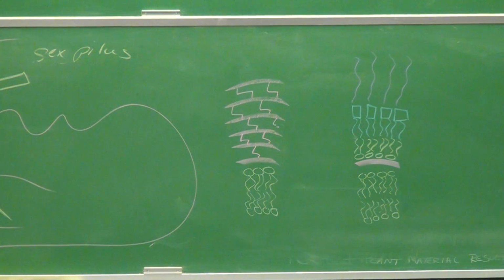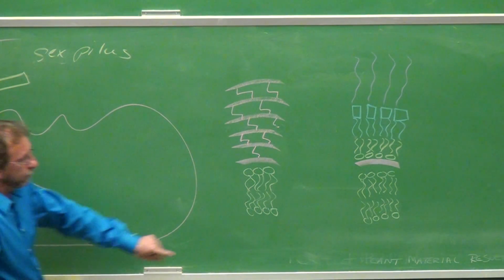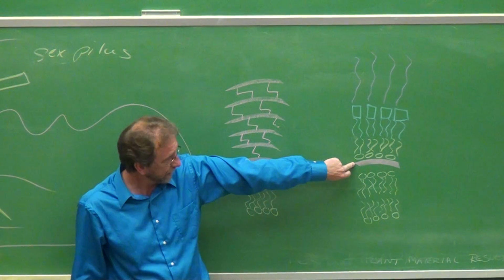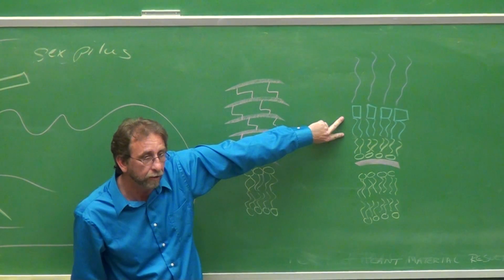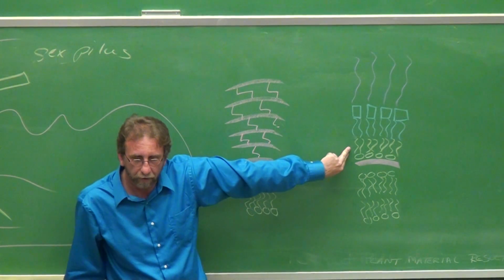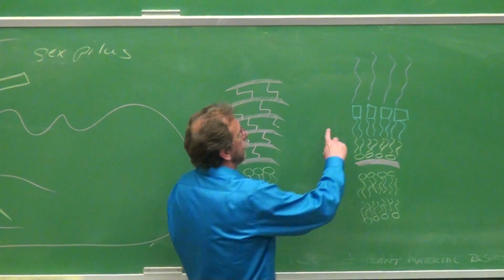That would be a gram-negative cell. Our inner phospholipid bilayer, our peptidoglycan layer, our outer membrane that includes a leaflet of a phospholipid layer and a leaflet of a lipopolysaccharide.